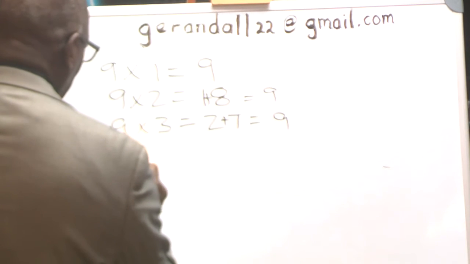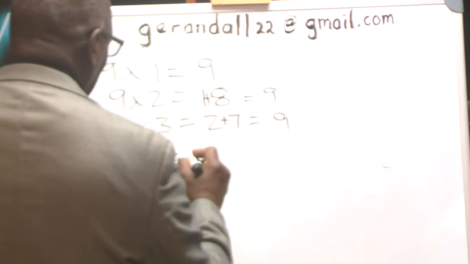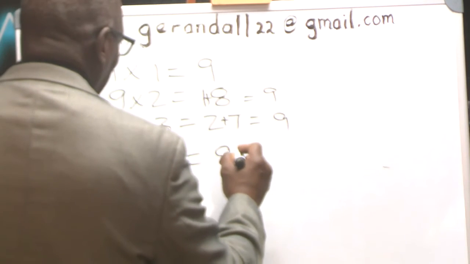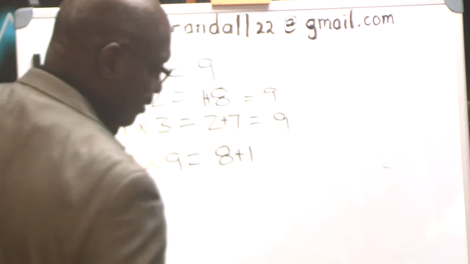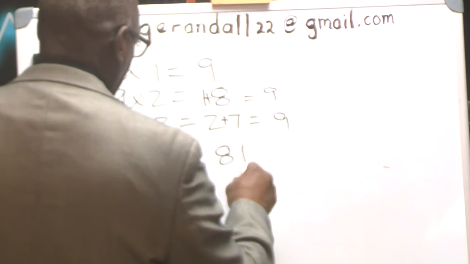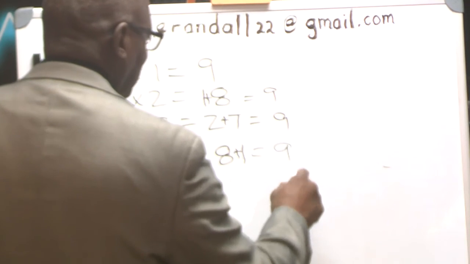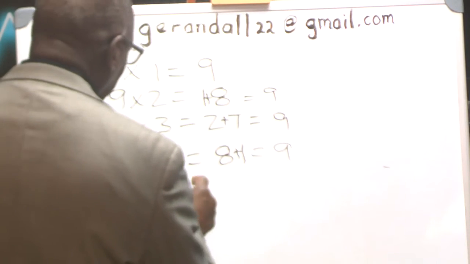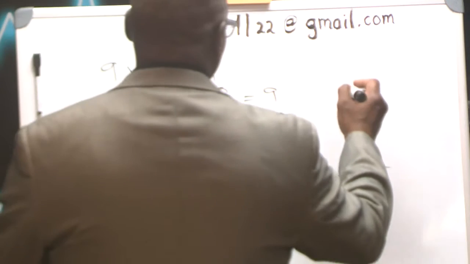We're going to skip a few bars. 9 times 9 equals 81. Oh, I cheated. I went ahead of myself. And then that equals 9. So if you multiply 9 times a number, let's try it.